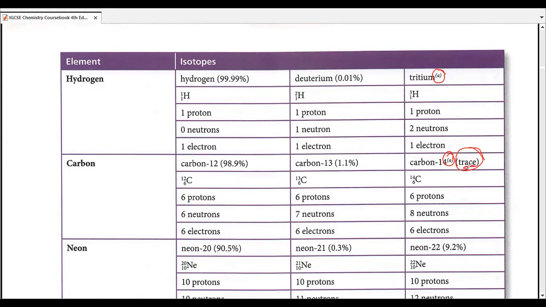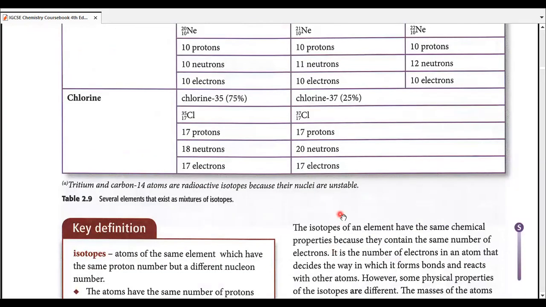But when we use the word trace, it means the element is pretty rare on planet Earth, or that it is found in very, very low amounts. It might be a part of the atmosphere, of Earth's crust, of any environmental portion around us, a part of rocks or water or air, or even a part of our body.